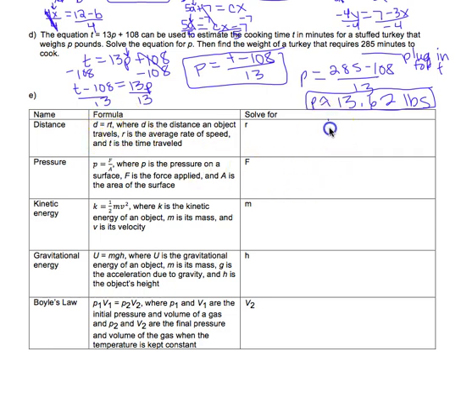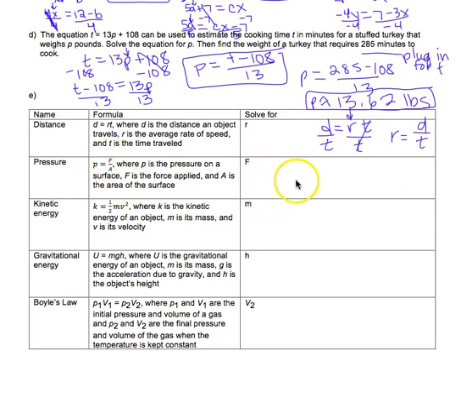We're solving for r. So d equals rt. If I want r to be alone, that means I need to get rid of t. Since they're right next to each other, that means multiplication. And I undo multiplication with division. So r equals d over t would be my answer there. Nothing I can do to simplify that.